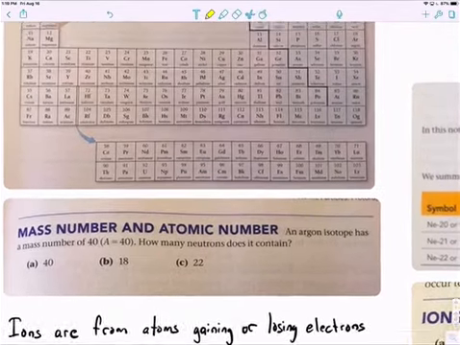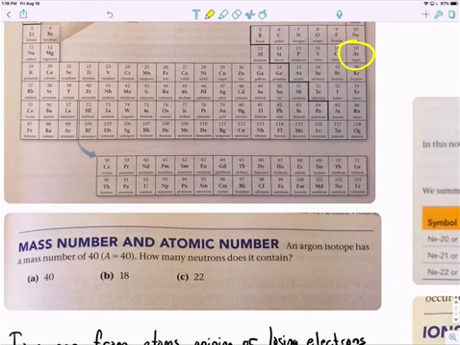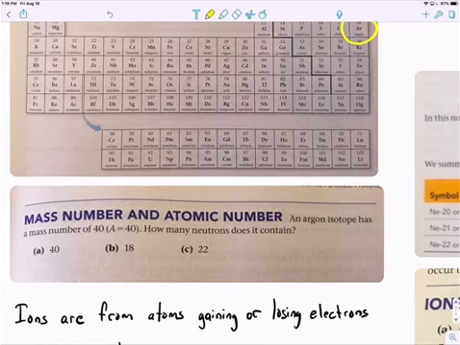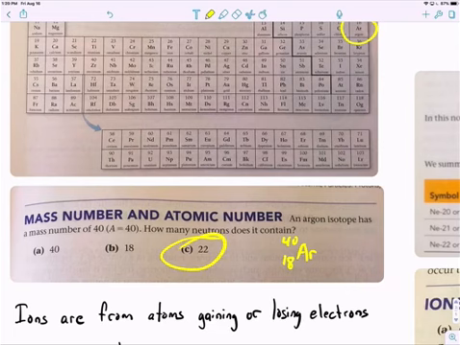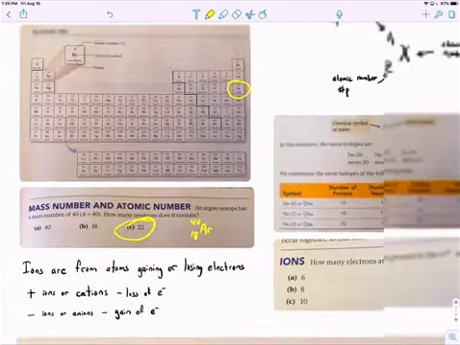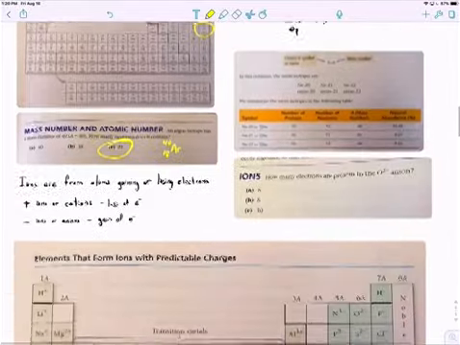Let me move this up a little bit more. Argon is right here, has 18 protons. So this means that you have argon, and this is going to be 40 and 18, like so. The 18 is the number of protons, the 40 is the mass number, the number of protons plus the number of neutrons, and just take the top minus the bottom. The answer is 22.